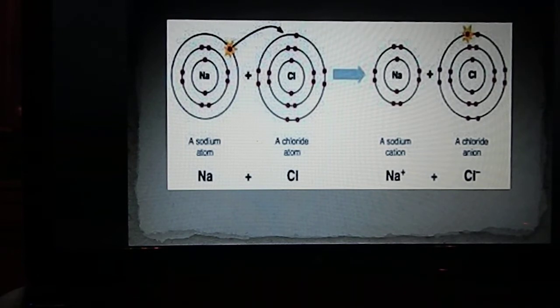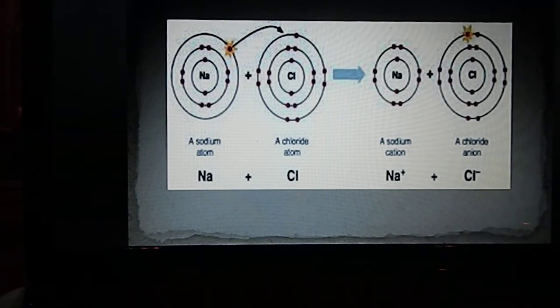But if you count the number, sodium has an atomic number of 11, therefore 11 protons. If you count the number of electrons now that the sodium atom has, it has 10. So there's more positive charge than negative charge with this particular atom. So now it's an ion, a positively charged ion.